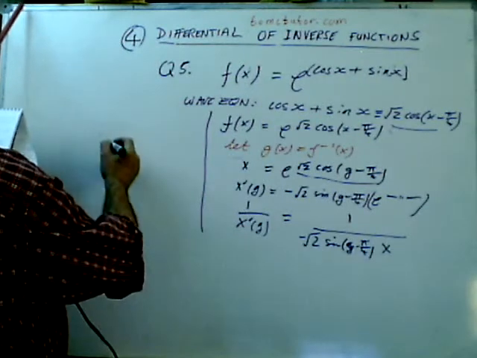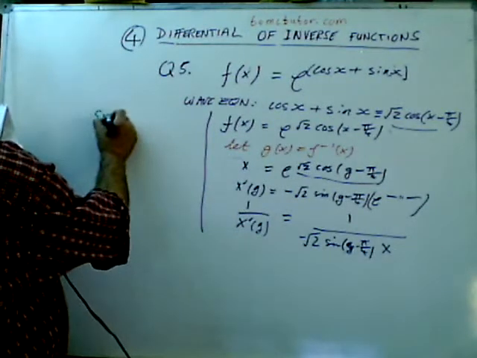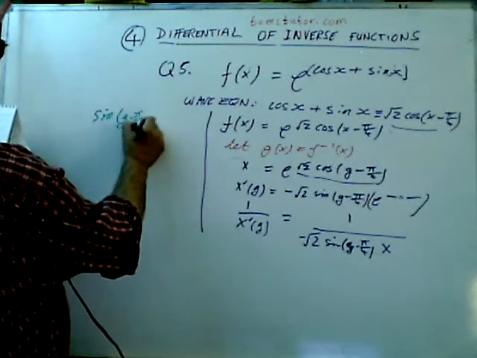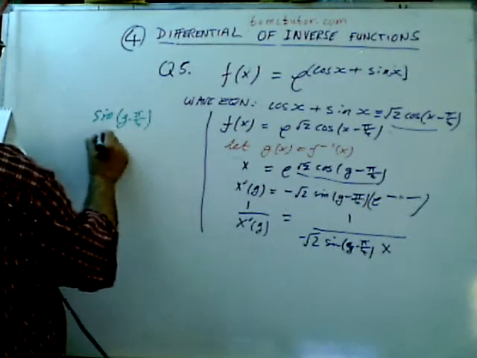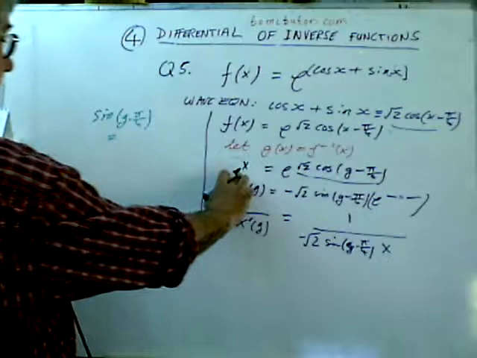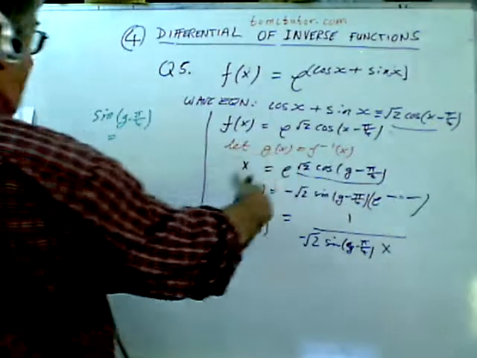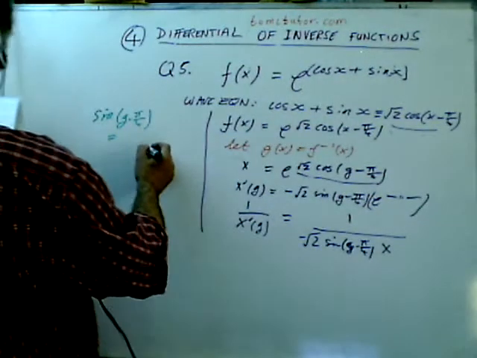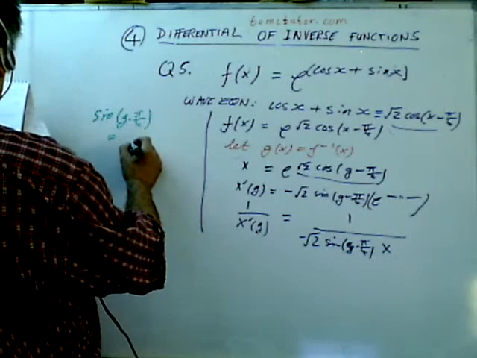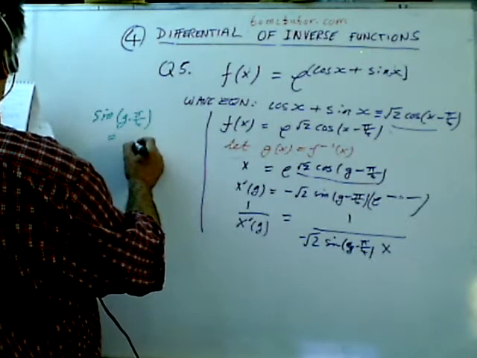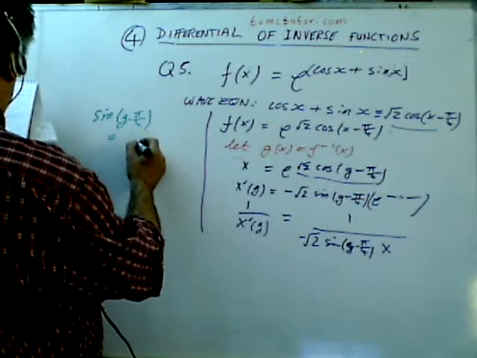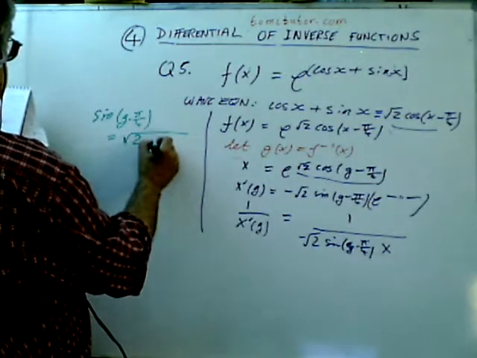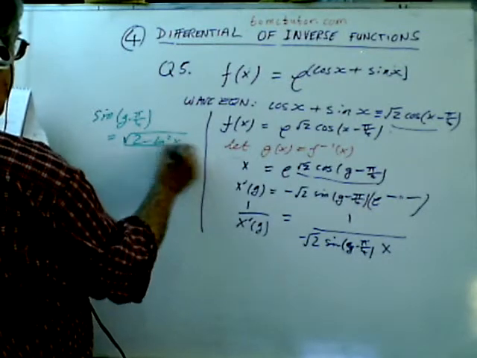And to cut a long story short, what I get is that the sine of g minus pi over 4, because I take the log of both sides, square it, take the square root, etc. You should end up, I believe, give me a second here, with the square root of 2 minus the log squared of x all over the square root of 2.